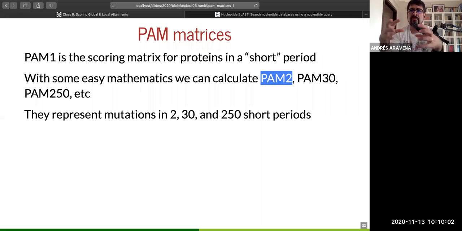So you get the matrix of 1,000 years, 2,000 years, 3,000 years, 30,000 years, 250,000 years. The bigger the PAM number, the more you are assuming that the sequences are distantly related. Small PAMs mean that the sequences are closely related. Big PAMs mean that the sequences are distantly related.